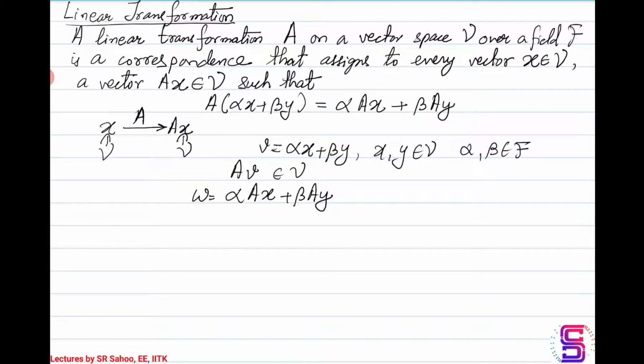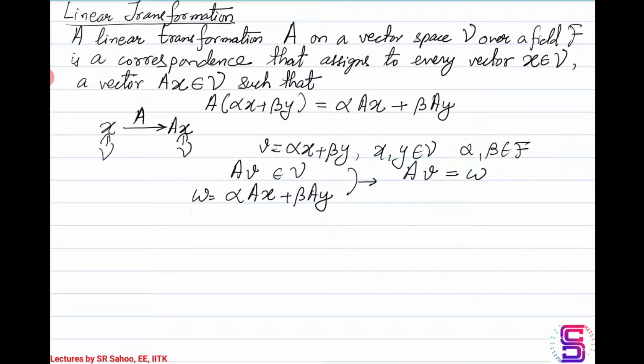Then it so happens that A acting on the vector V is the same as the vector W. Or what we can say is, when A acts on alpha x plus beta y, the linear combination of two vectors from the vector space, what you essentially get is a linear combination of the respective transformed vectors Ax and Ay with the same scalars associated with them. Okay, essentially this is the linearity property that you have, homogeneity and additivity, that you satisfy.